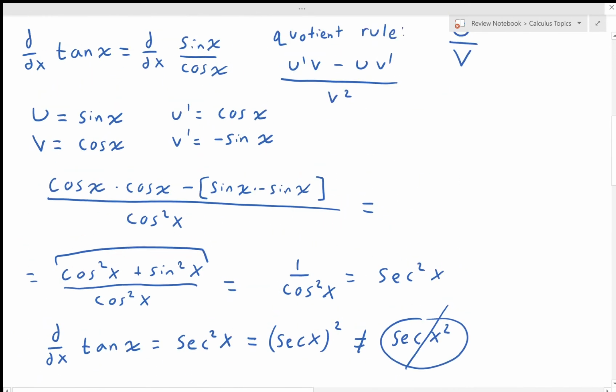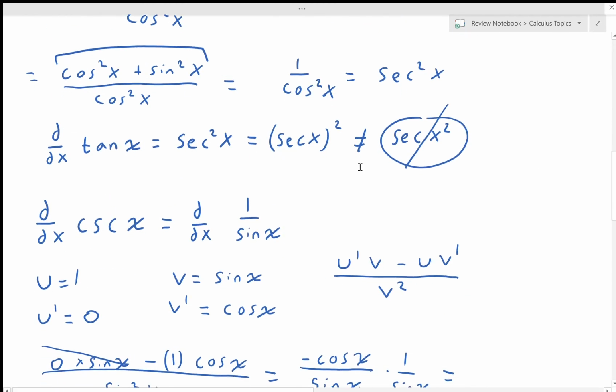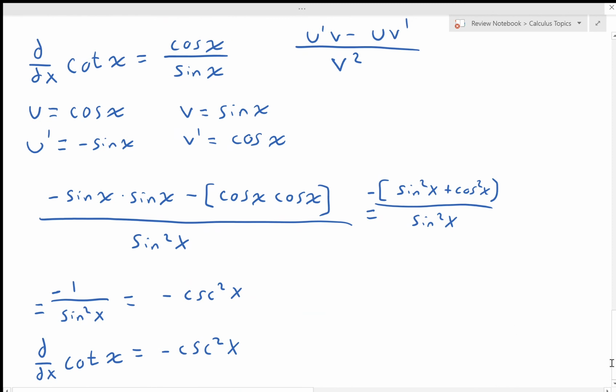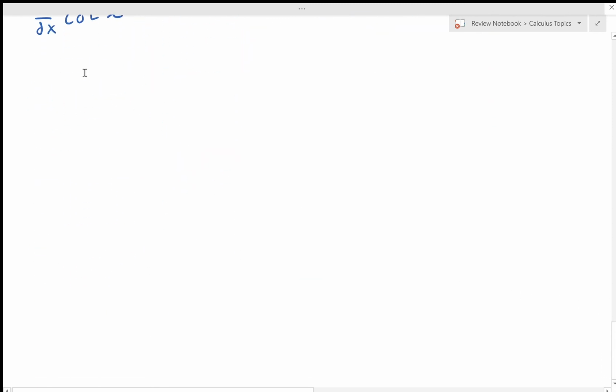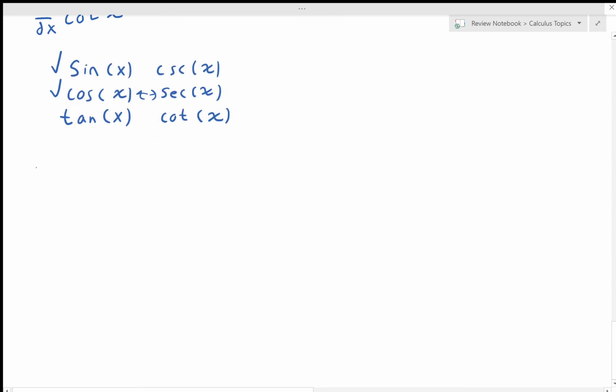So let's go back to the top. Let's copy this. So now, just going to rewrite everything, the derivative of sine of x is equal to cosine x. We know that the derivative of cosine x equals negative sine of x.